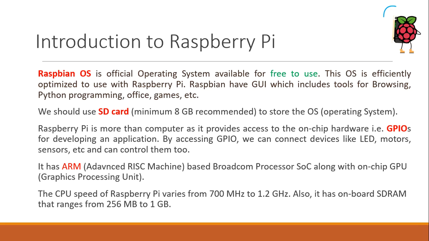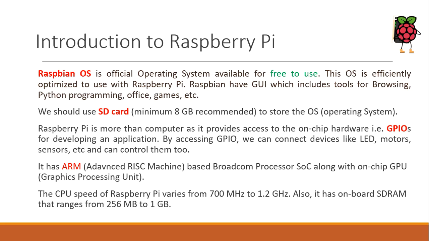Raspberry Pi is more than a computer, as it provides access to the on-chip hardware (GPIO) for developing a variety of applications. By accessing GPIO, we can connect a variety of devices, sensors, motors, and actuators to control them for certain applications. It has an ARM-based Broadcom processor. ARM means Advanced RISC Machine.